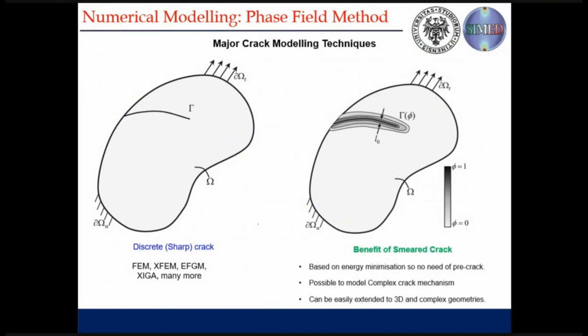Benefits of this diffused approach is that it's based on the energy, and it can also model the complex cracks like crack branching or crack merging, and it's quite easy to extend it from 2D to 3D, which is problematic in the discrete approach.